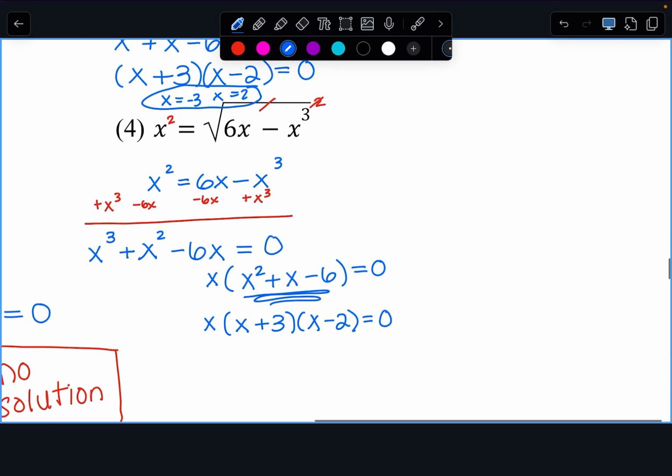So what are my options for x once we finish solving? We've got 0 here. When you solve that, that's going to be x equals -3. And when you solve that, that's going to be x equals 2.